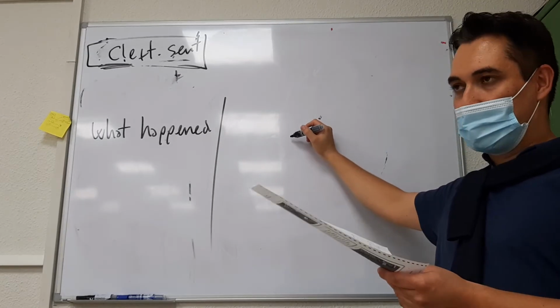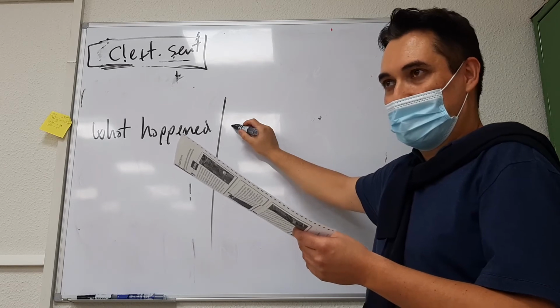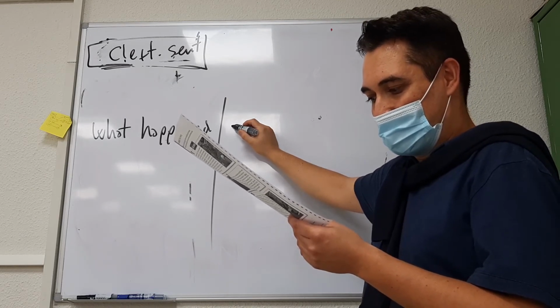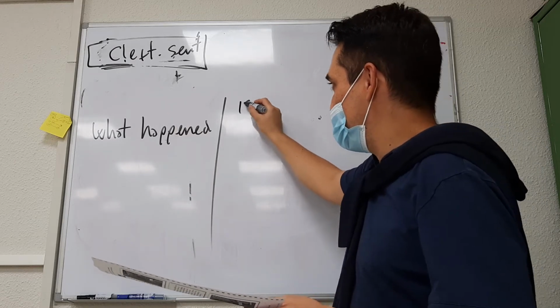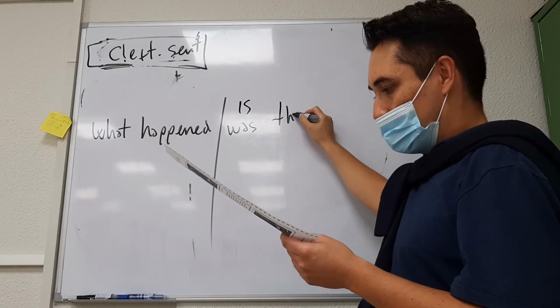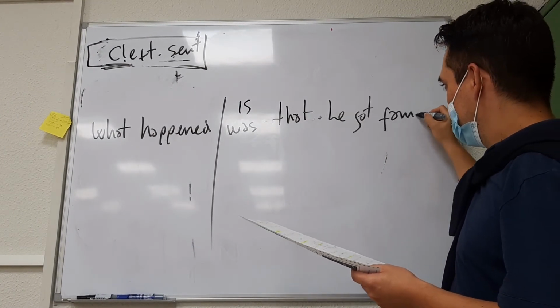He got famous. That is what happened. Rebecca? Very good. What happened is, or in the past, what happened was that he got famous.